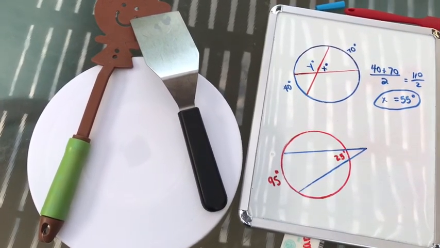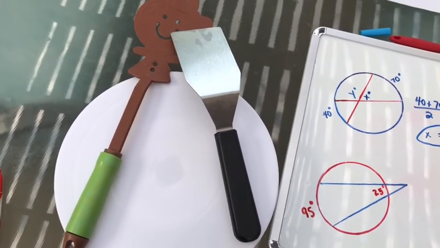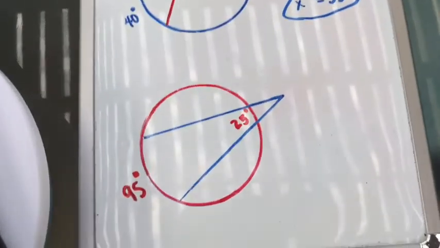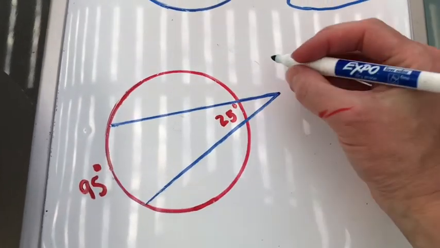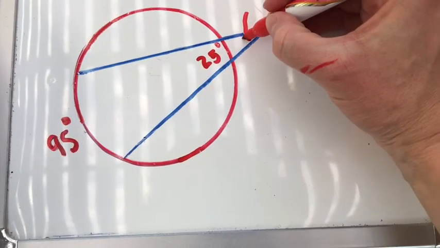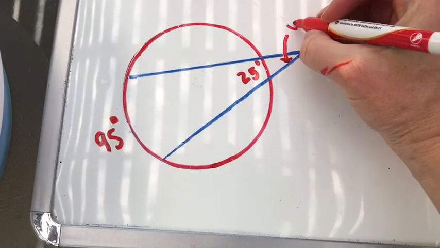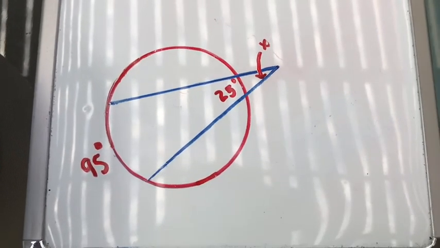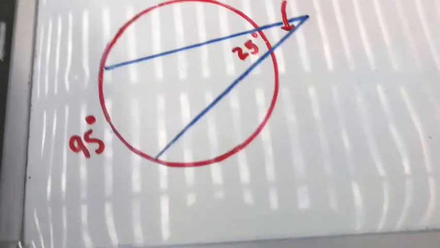The next one we are going to look at is an angle measure when we have segments that cross outside of the circle, like this. If we have something that looks like this, and we're going to find this angle right here, instead of adding the two arc measures together, we subtract them.